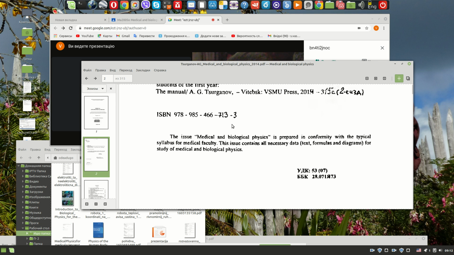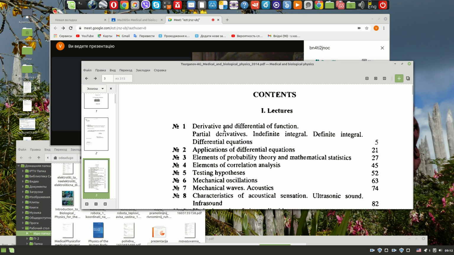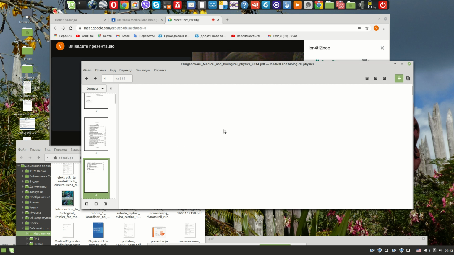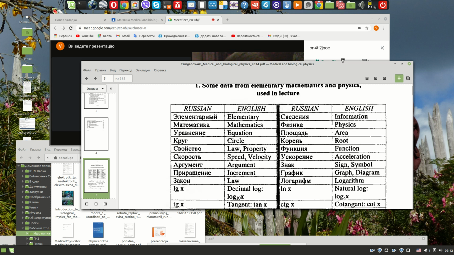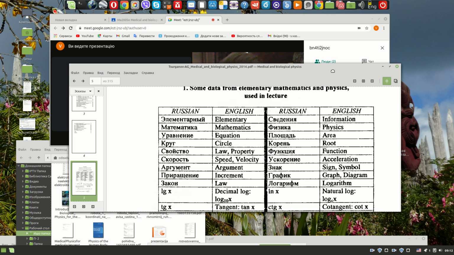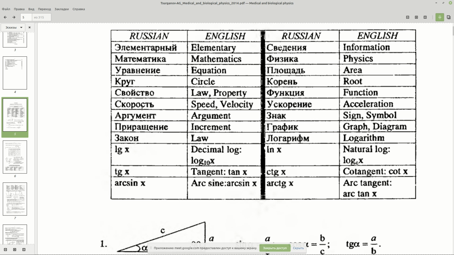Here is the content, all the physics, and we start from chapter three: mathematics and physics used in medicine. We need to have some assumption about elementary mathematics and physics.